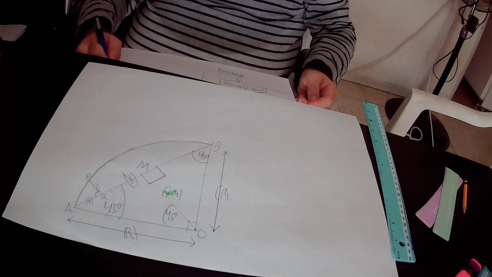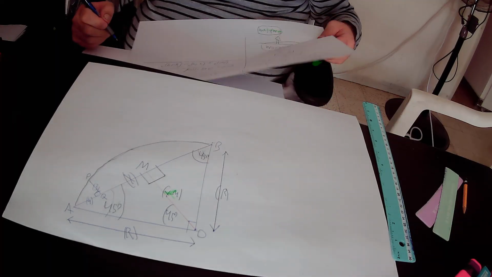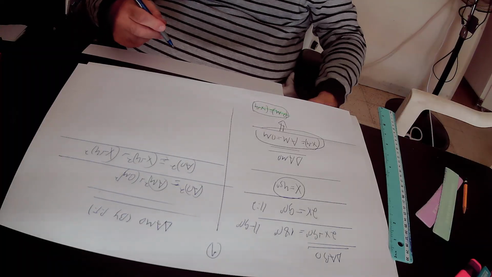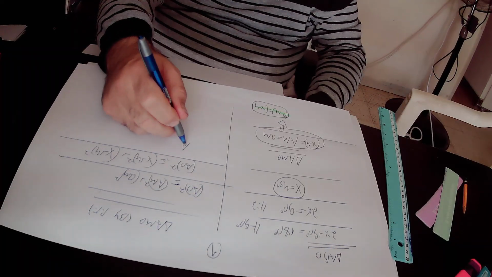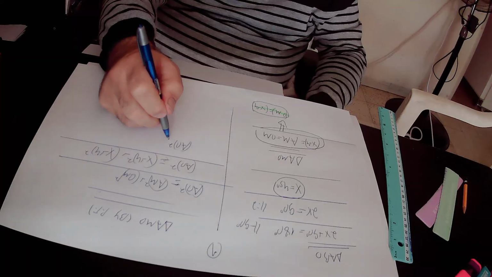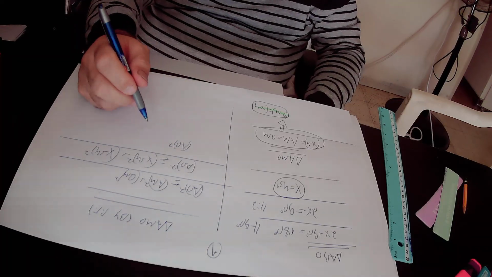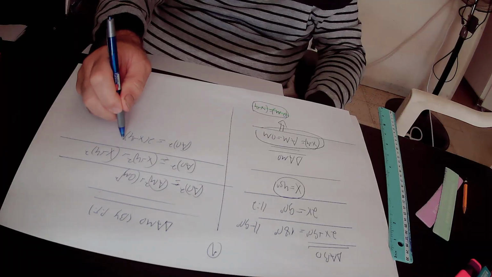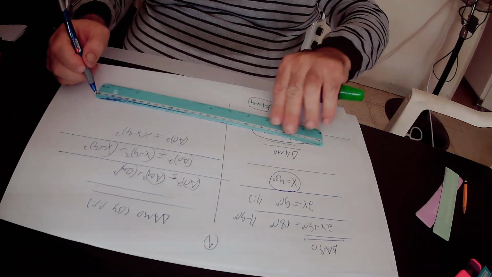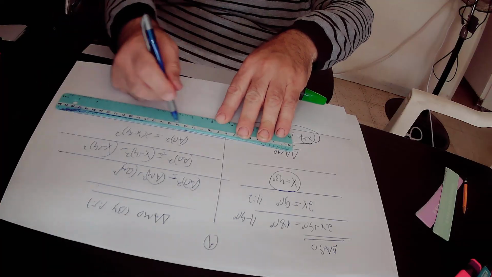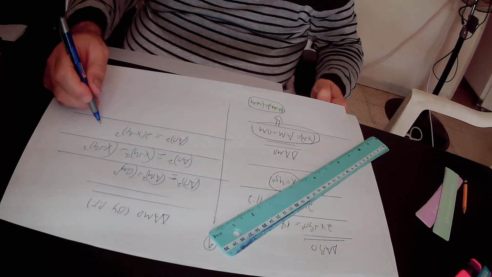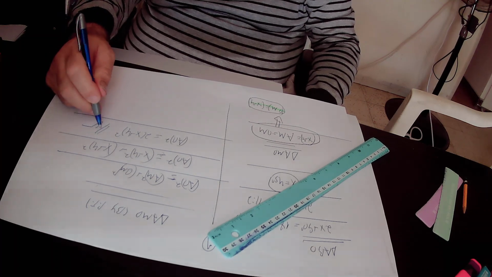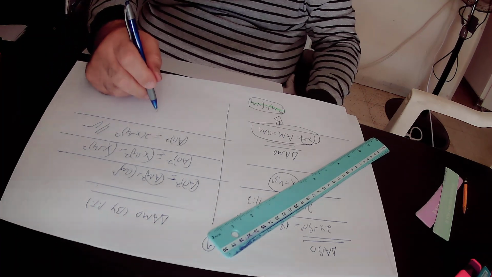So in total, AO squared equals X plus 4 squared plus X plus 4 squared, which equals 2 times X plus 4 squared. Here we take the root of this equation, and we get the missing hypotenuse AO.